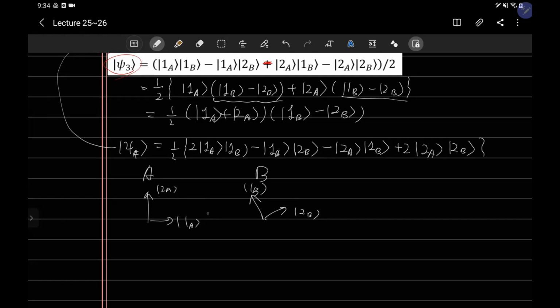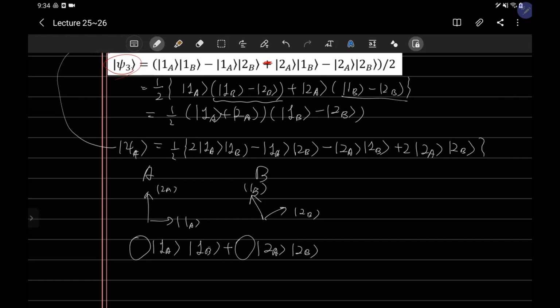In principle, we can consider all 4 different combinations of the A qubit and B qubit. However, the most obvious situation for the entangled state is only when we have the combination of 1A and, for example, 1B, and then another term which is 2A and 2B type, added with some kind of coefficient.